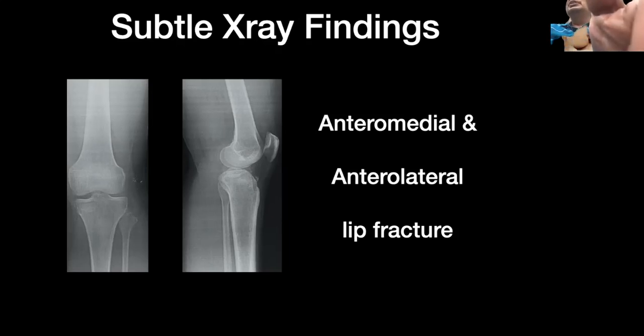What happens is, when the tibia sags behind and you do a Lachman test, it comes from the sagged position posteriorly to the neutral position, and an examiner who is not very aware will feel that it is coming anteriorly. Actually, it was not coming anteriorly; it was coming from the sagged position behind to the neutral position.